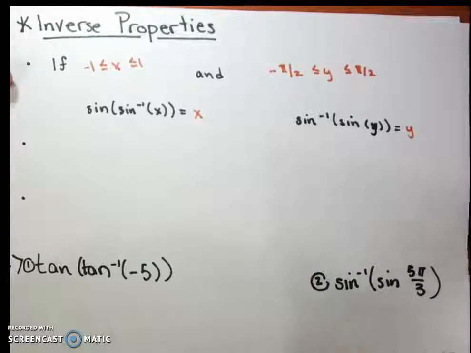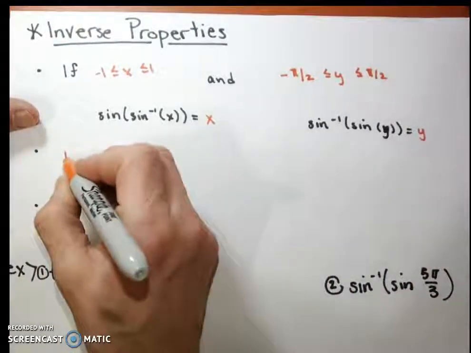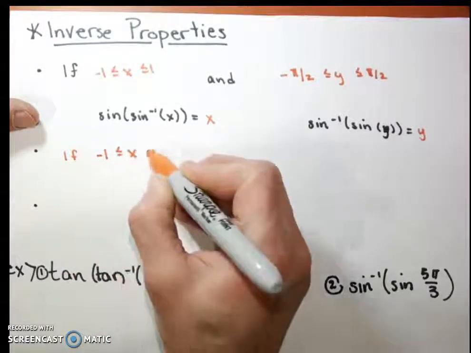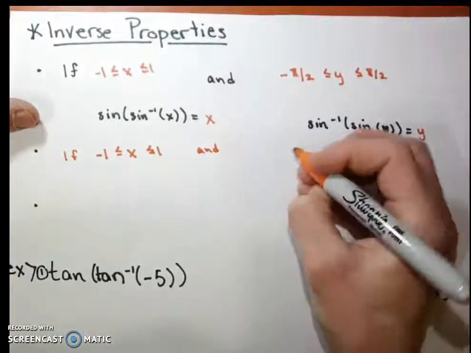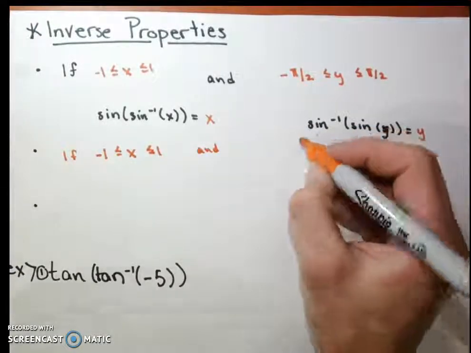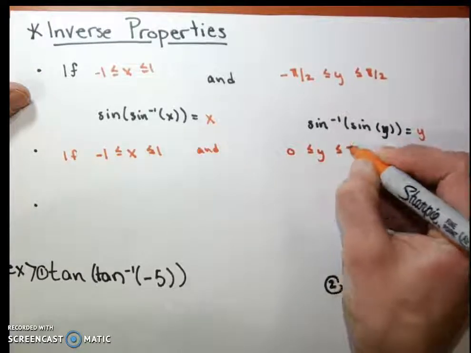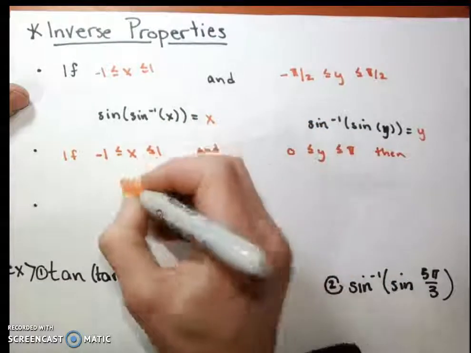Okay, so we can say something similar for the tangent function and the cosine function using those restrictions. So if -1 is less than or equal to x is less than or equal to 1, and for cosine, it was 0 is less than or equal to y is less than or equal to pi, then we have that these inverse properties hold.